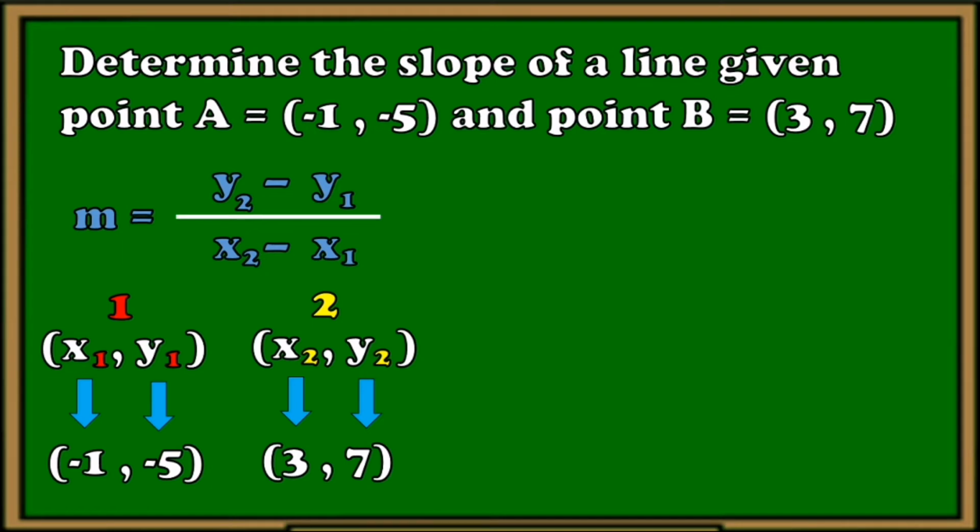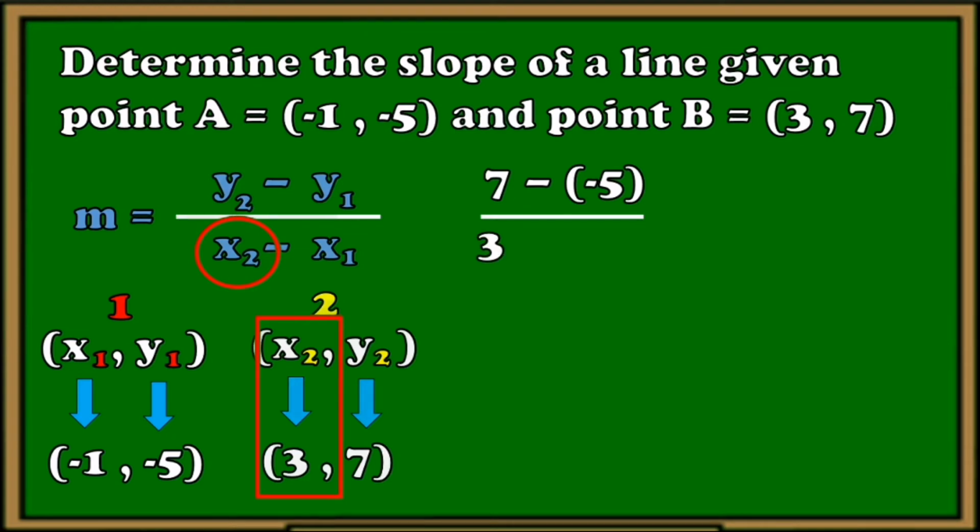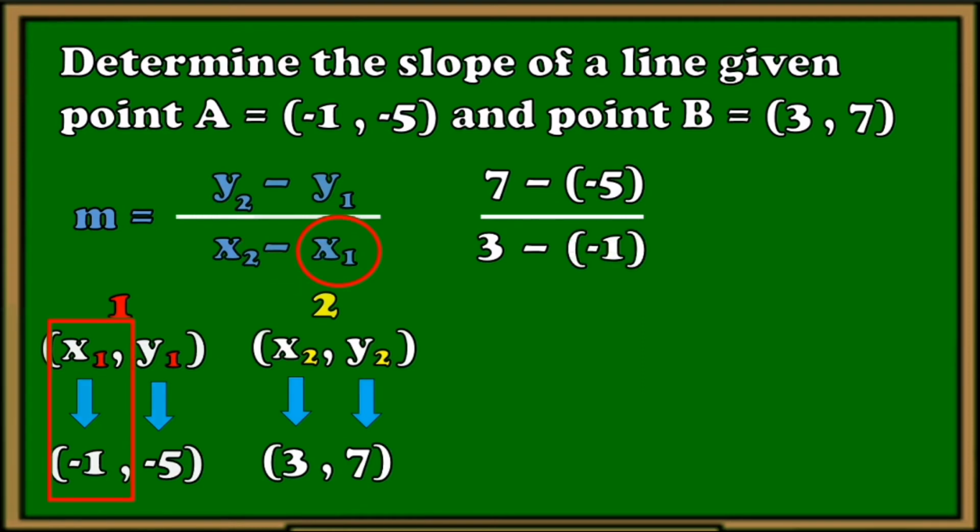Now, let's substitute these values to our formula. Let's start with the y sub 2, that is 7, minus y sub 1, that is -5. Next, x sub 2, that is 3, minus x sub 1, that is -1.